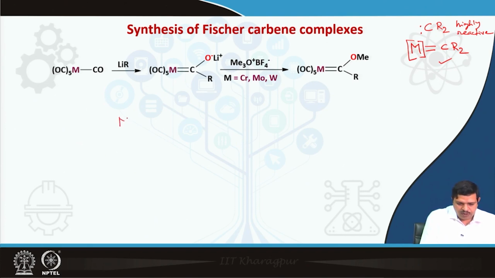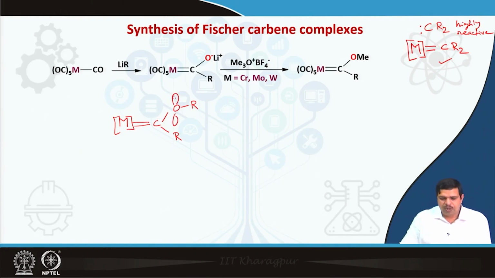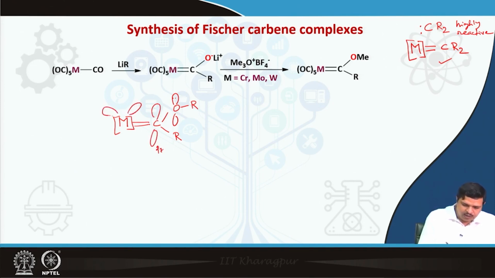You see that the general structure of the Fischer carbene complexes is like this one, with OR, and this R group we already discussed has a lone pair, like oxygen or nitrogen. So it has a lone pair, that is a heteroatom, with filled p orbitals, and the vacant pz orbital on carbon, and the metal has a d orbital.